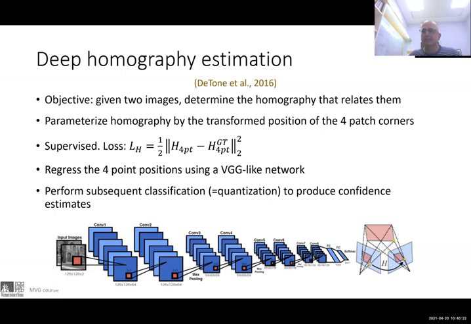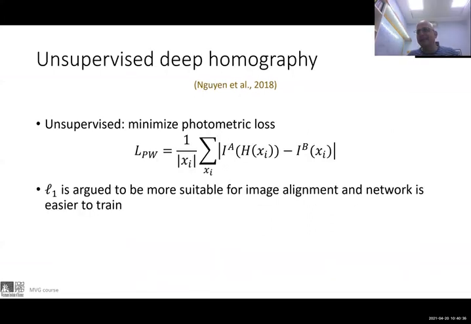To try to align the 2 images and then to check the error. Exactly. If I align it, if I find the correct homography, then the intensities of one image should be mapped by the homography, in the ideal case, to the same intensities as in the second image.